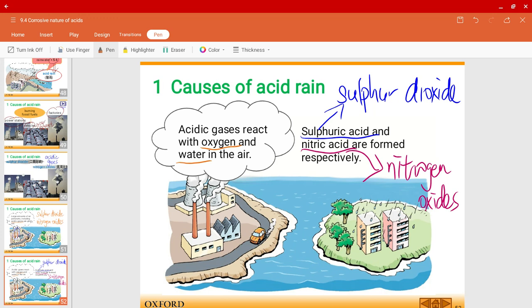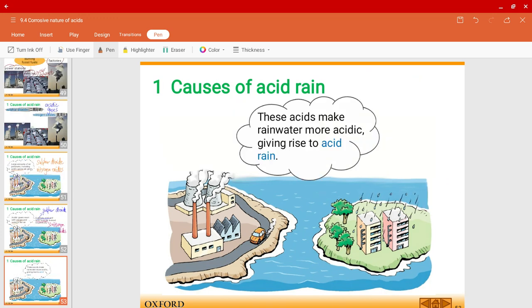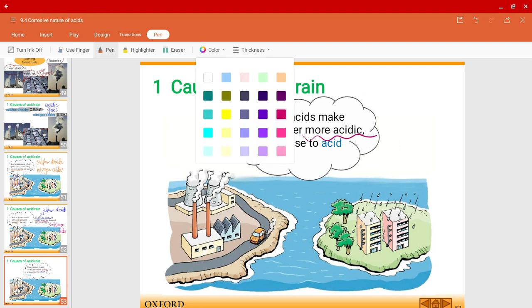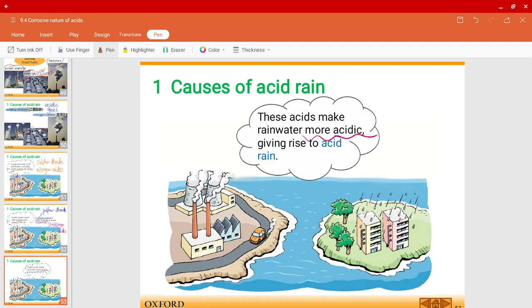Obviously, the rainwater would get even more acidic. So when rainwater gets more acidic, it contributes to the phenomenon of acid rain. That is how you get acid rain, basically. So carbonic acid plus sulfuric acid plus nitric acid, you get acid rain.